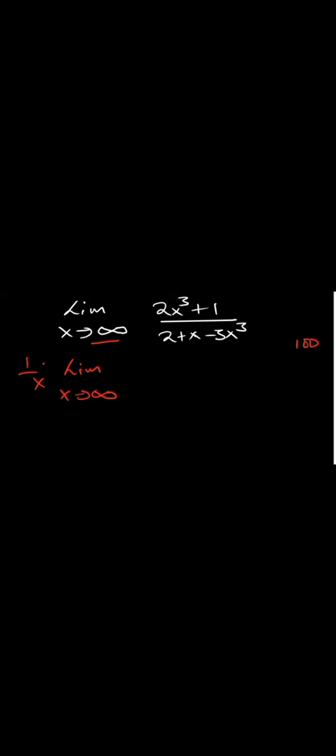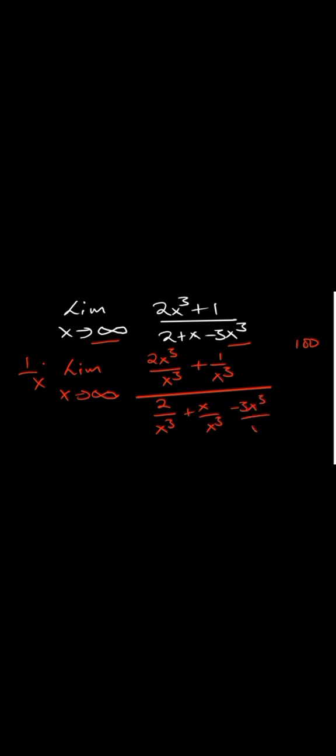So you divide 2x to the power 3 by x to the power 3, and even the 1 is also supposed to be divided by x to the power 3. The same applies to the denominator. You need to divide that by the highest power, which is also x to the power 3. So you're going to have 2 over x to the power 3, x over x to the power 3, minus 3x to the power 3 over x to the power 3.